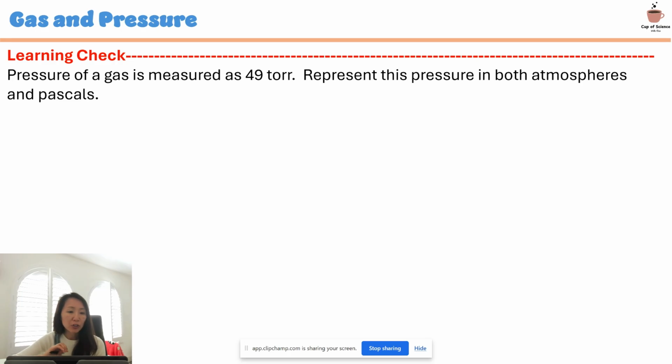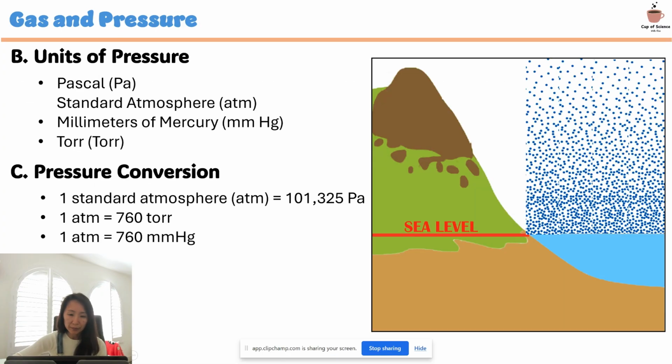Let's see. Pressure of gas is measured as 49 torr. Represent this pressure in both atmospheres and pascals. So let me go back and look at the relationship between torr and ATM, and perhaps even torr and pascal. So you see on the unit conversion, 1 ATM is equal to 760 torr, 1 ATM is equal to 101,325 Pascal.